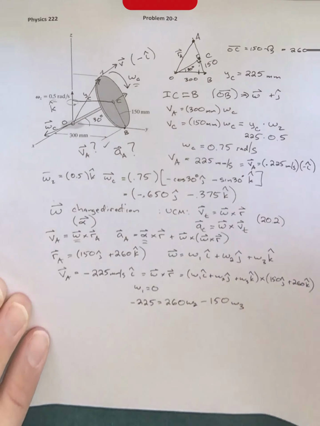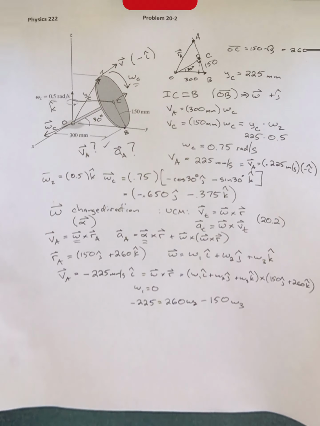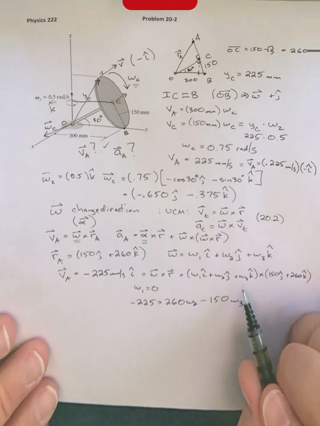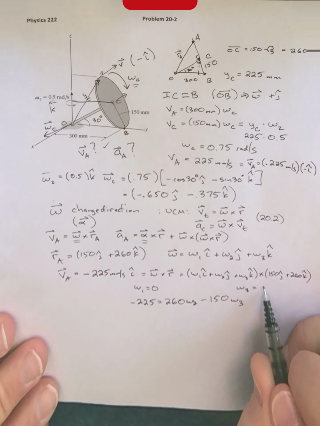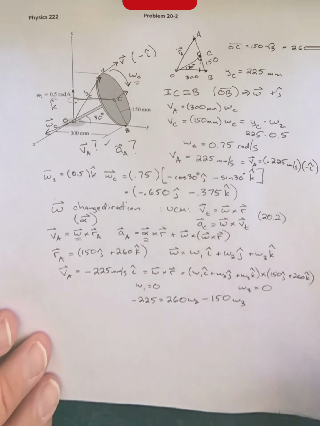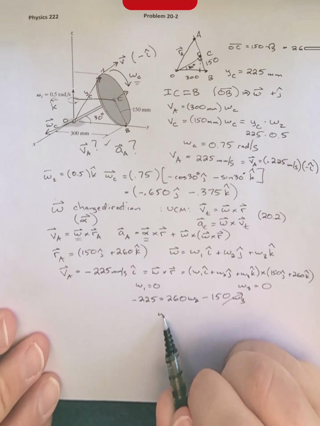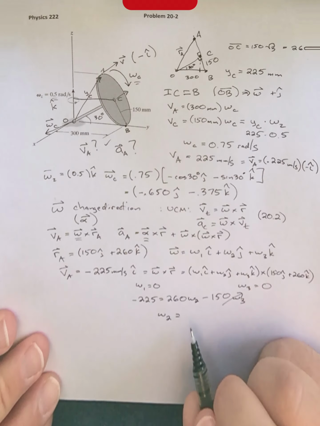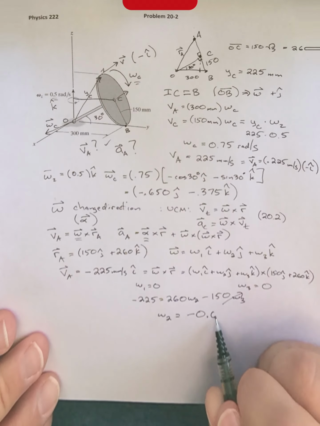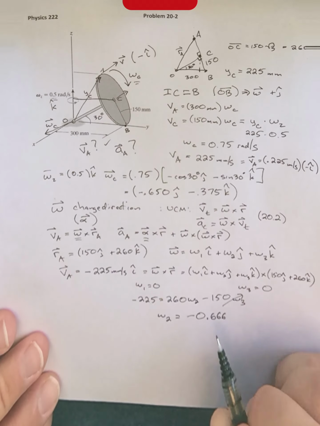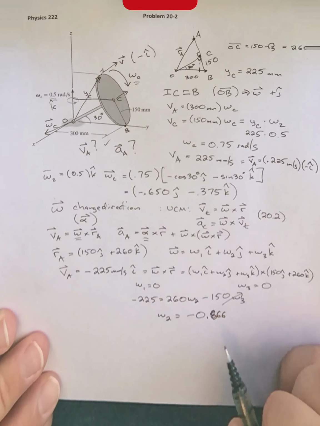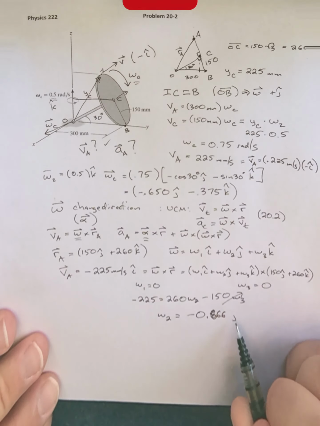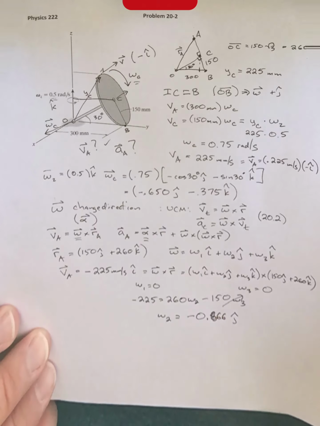It can only have a positive j hat direction. So coming back up here, this means that our omega 3 also has to be equal to 0. So therefore, that term goes away. The only thing we have left is our omega 2, and that's going to be equal to negative 0.66 radians per second, and that's acting in the j hat direction.